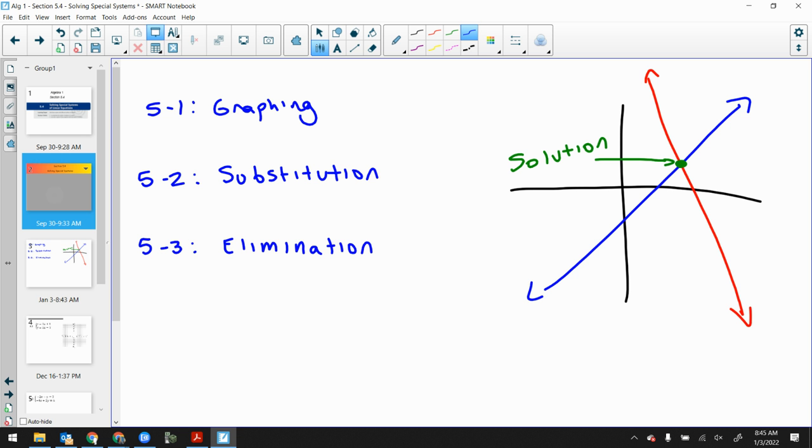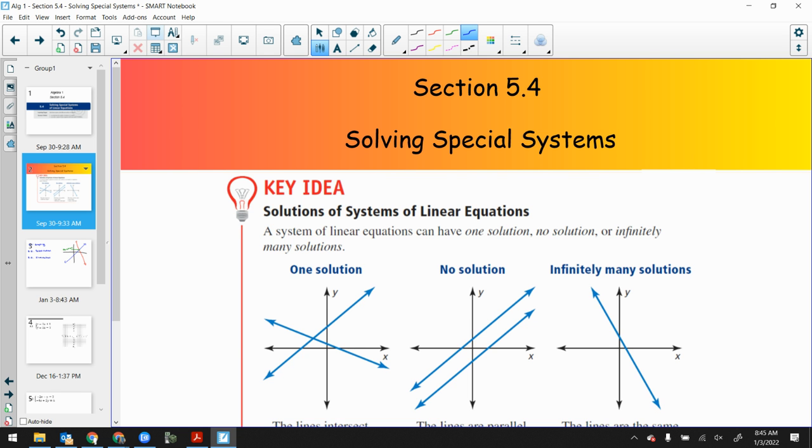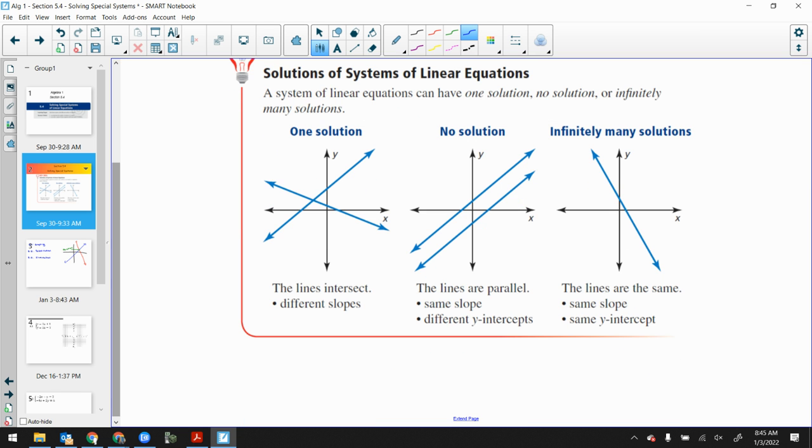Parallel lines. So what we're going to look at today is, within those methods of solving systems of equations, what happens when the lines are parallel? What does it look like when the lines are parallel? And also, what does it look like when the lines lie right on top of one another? Those lines are called coinciding lines.